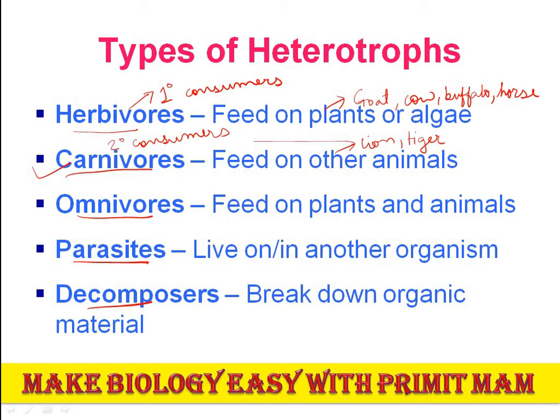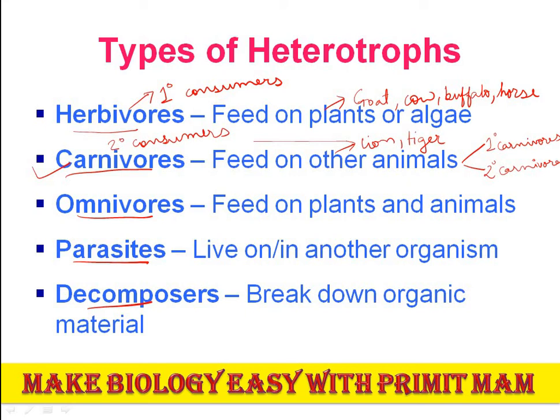Further, the carnivores are divided into two, that is, primary carnivores and secondary carnivores. Primary carnivores are the animals which feed on herbivores directly. Example, frog.